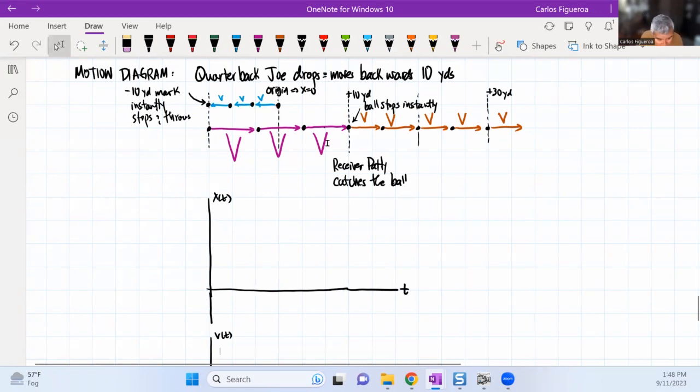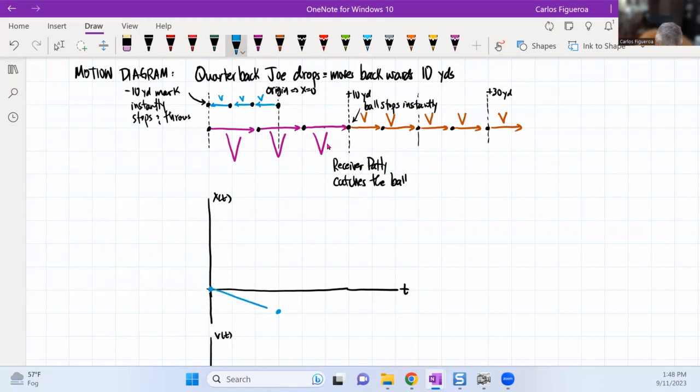So when I look at this, I'm expecting a slow speed. I start here at the origin and I move backwards. So my position is going in the negative direction here.